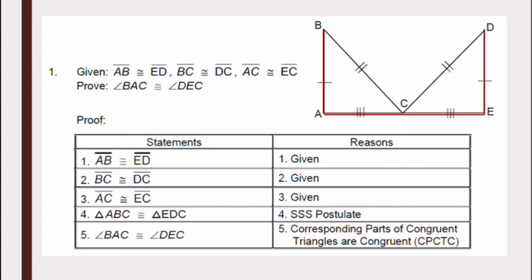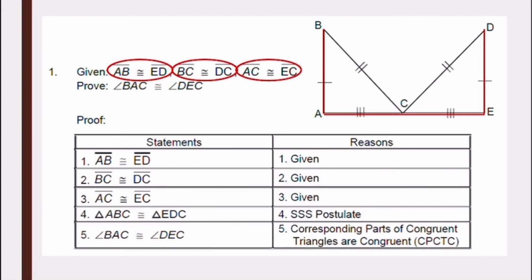To prove that triangle ABC is congruent to triangle EDC, it is already given that line segment AB is congruent to line segment ED, line segment BC is congruent to line segment DC, and line segment AC is congruent to line segment EC.